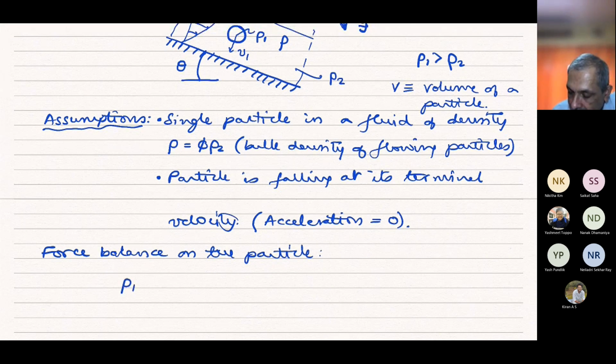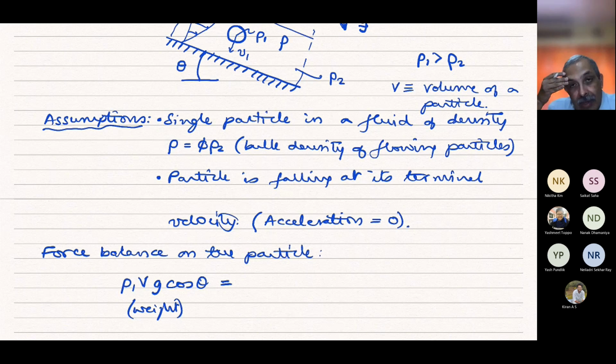That is ρ1 times the volume of the particle V, so that is mass times g cos theta, just m1 g cos theta. This is the weight of the particle, and that is what is acting downward. Since there is no acceleration, this force must be balanced by the upward forces. So what are the upward forces? Well, one upward force is going to be the drag force. I'm going to write it as Fd.